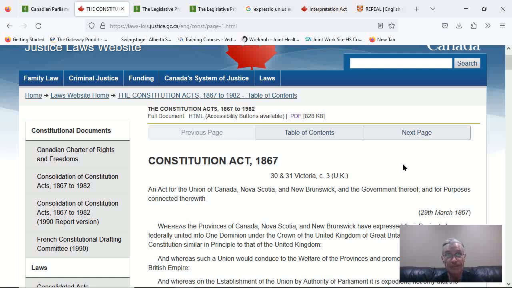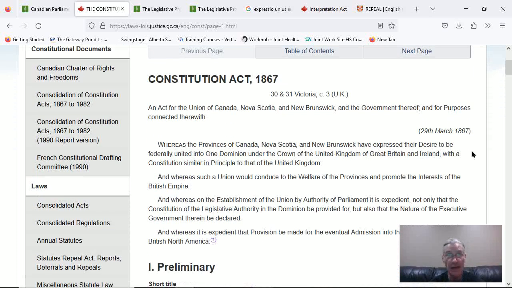Legalese changes the definitions of words from common usage, which you and I understand, to legal definitions. So it's very important when we're reading through these acts and statutes, number one, that we read the definitions, and number two, that we also read the endnotes.